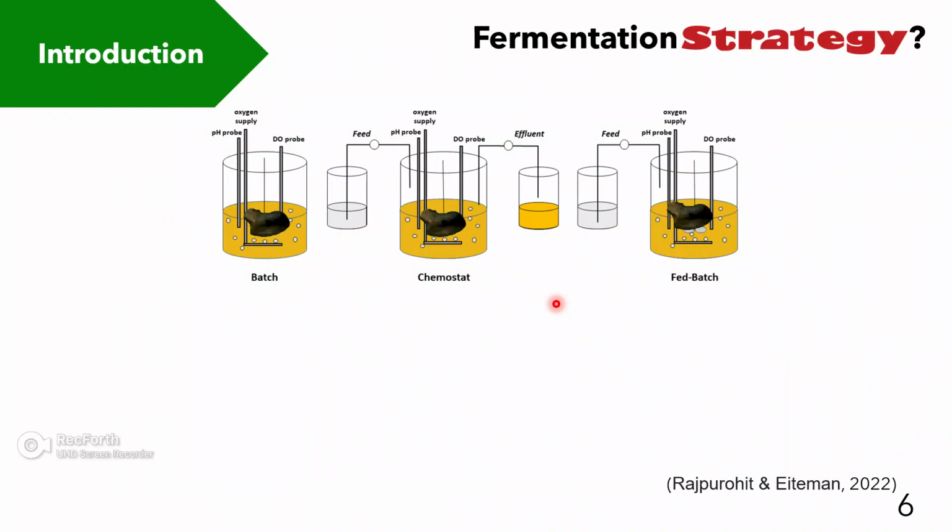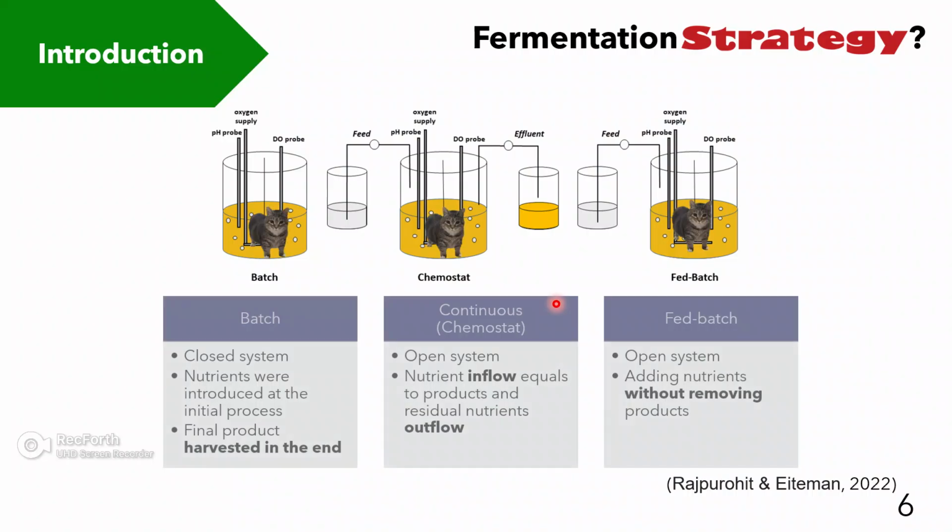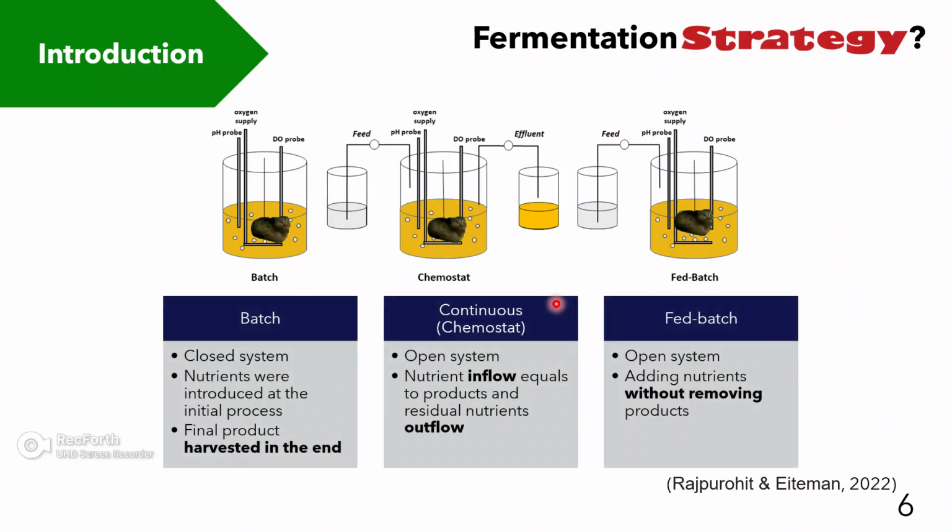So there are three fermentation strategies that we know. The first one is batch fermentation, which is considered a closed system where the nutrients are introduced at the initial process, and the final product is harvested at the end of the fermentation.